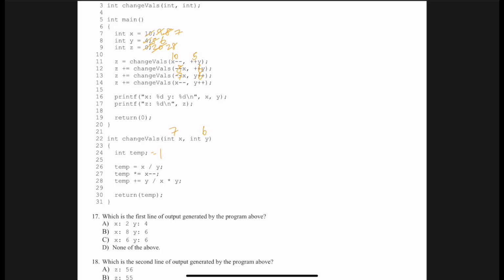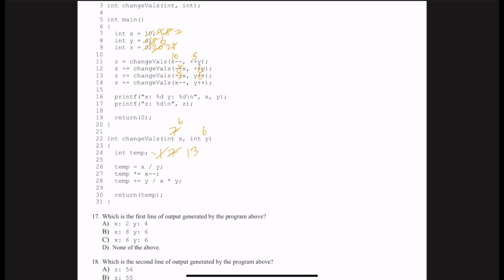Temp times equals 7. As a side effect of this line, now we decrease x. Now temp plus equals y divided by x. 6 divided by 6 is 1 times y, which is 6. So temp plus equals 6. Now it's 13. Notice that this behavior changed now that y caught up to x, basically.